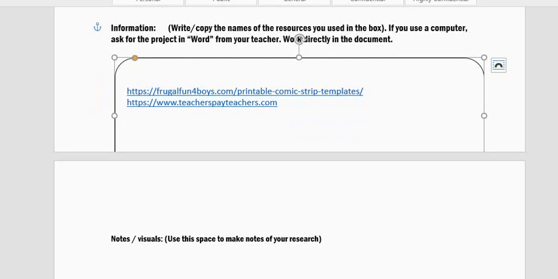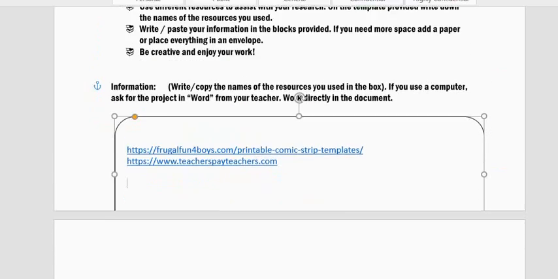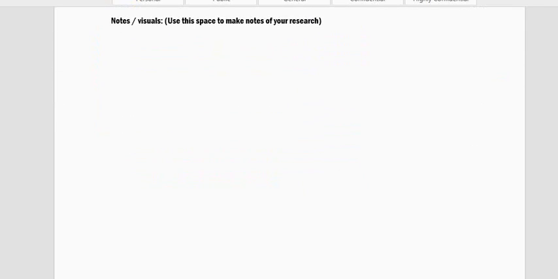As soon as he takes something and starts to use it, he should put the link there, or he should write the name of the book there and keep his bibliography updated so that he does not come to the end of his research and now wonder, where did I find this again? So there should be some space where the learner can write down his bibliography. There should be some space where he can put in his mind map, his summaries, his notes.